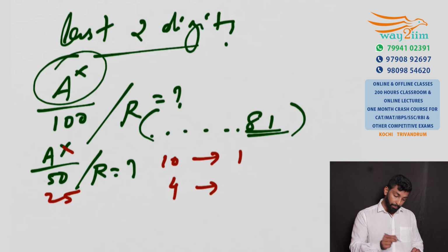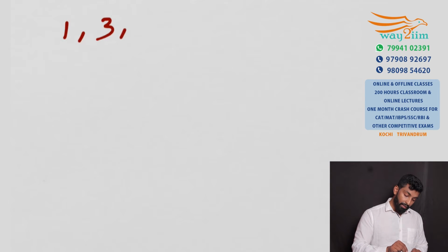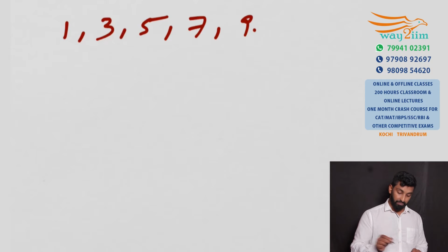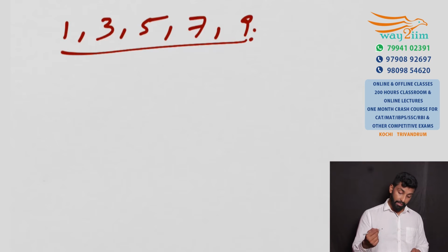Now how will you find the last two digits? I'll discuss it in 3 steps, so that it will be very clear and a complete understanding. First we'll see the odd numbers, that is, numbers ending in 1, 3, 5, 7, 9.